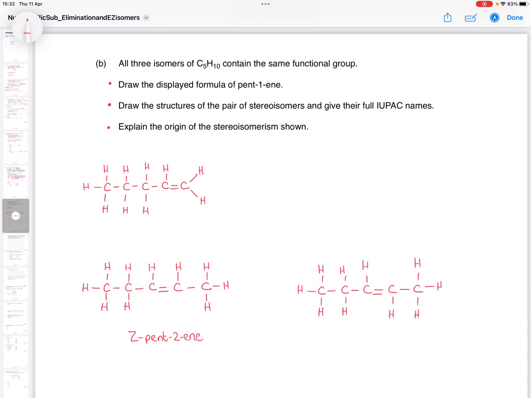And in this example here we've got the hydrogens on opposite sides and the priority groups on opposite sides to one another. So we've got the CH3 on the opposite side to the CH2 CH3, and that is therefore E-pent-2-ene.